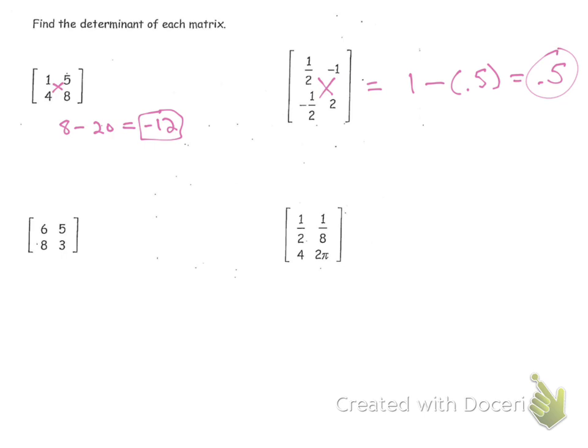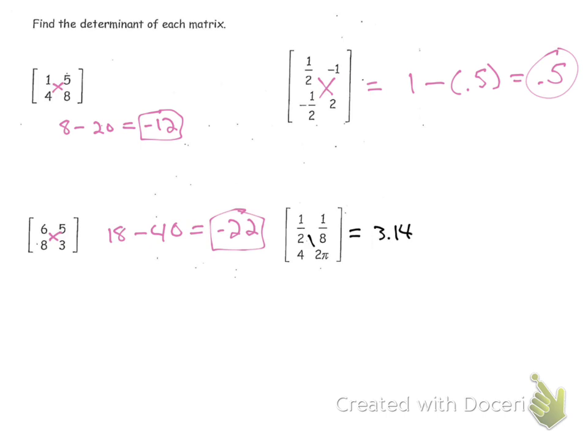Bottom left. What do you think that determinant would be? I think it's negative 22. Good. 18 minus 40 gives us negative 22. Bottom right: 1/2 times 2 pi is just pi.